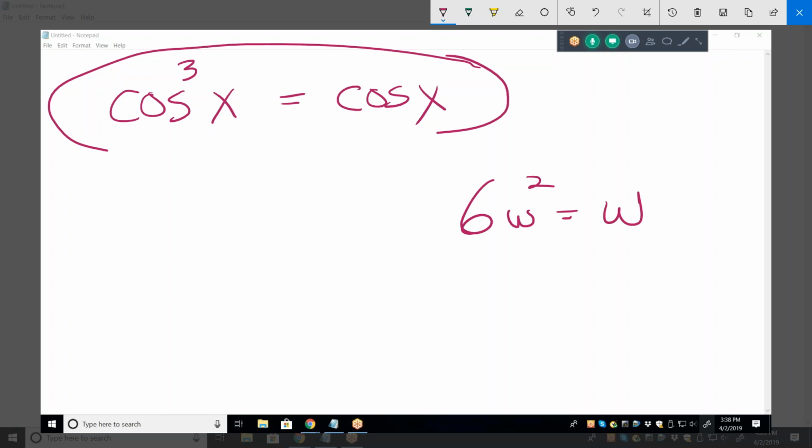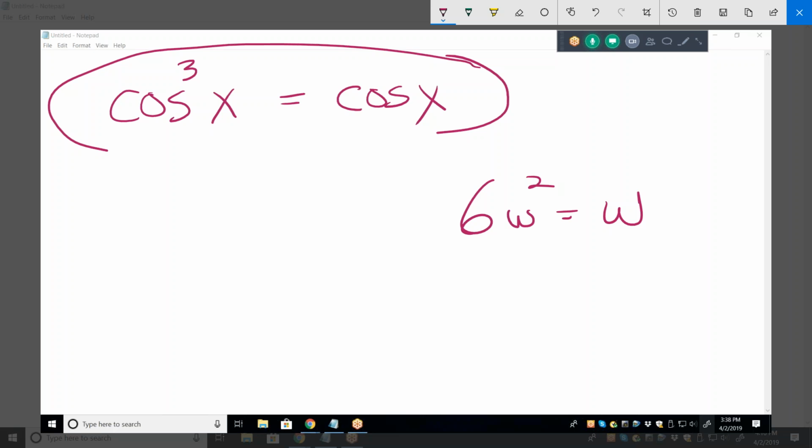Same exact concept. Let's just talk about it algebraically. I can tell that this has two solutions. It has w equals 0 as a solution, and then it looks like 1/6 is a solution.